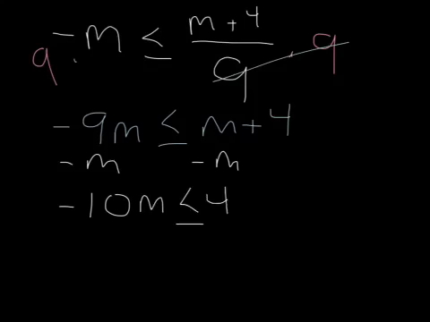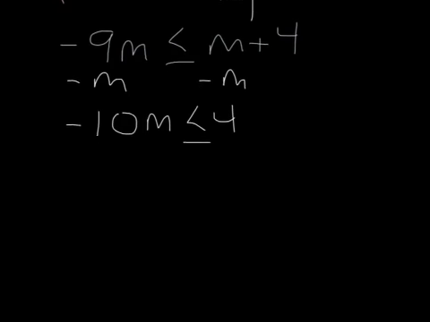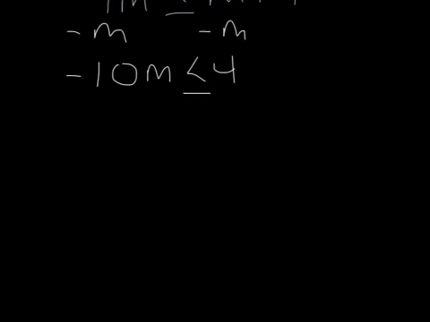And finally, from there, I'm going to want to divide by -10. Now I did divide by a negative, so my sign is going to flip. So now I'm going to have a greater than or equal to sign. My -10s are going to cancel.